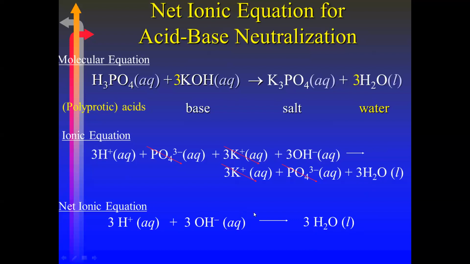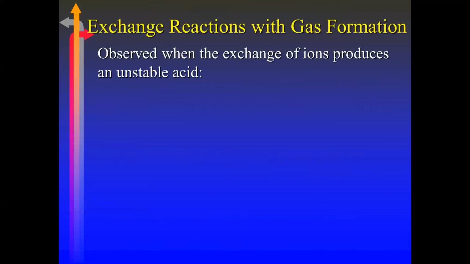If you write it like this, it's not really wrong, but it's not professional. Not the best. The best answer will be this one. Perfect answer, because these three can be cancelled out. If you divide by 3 on the left of this equation and also on the right, this is the final answer for this net ionic equation.